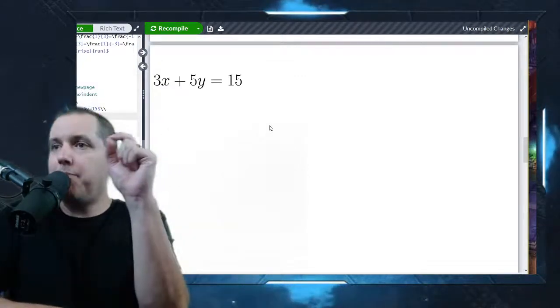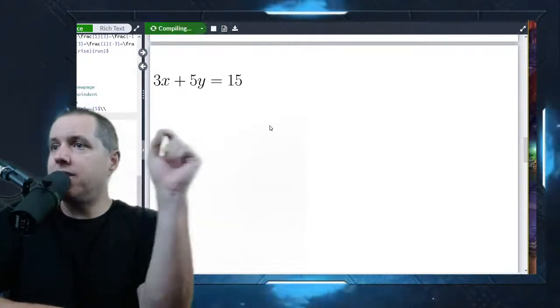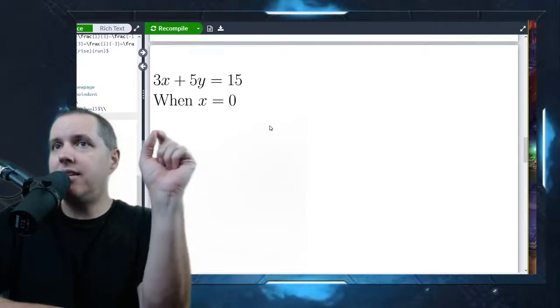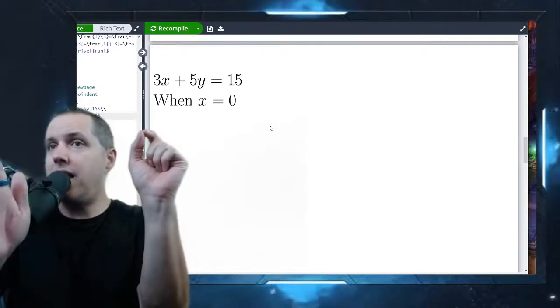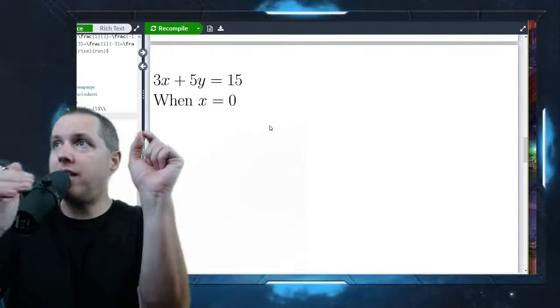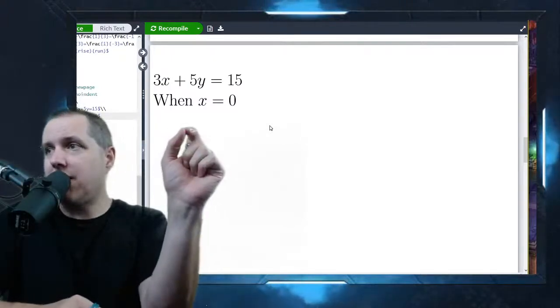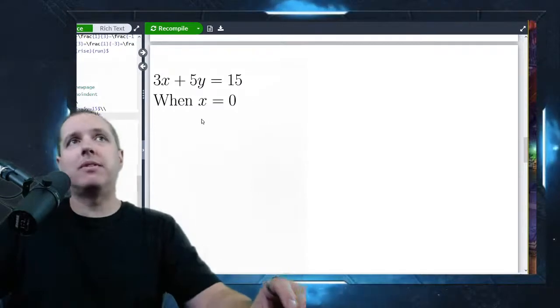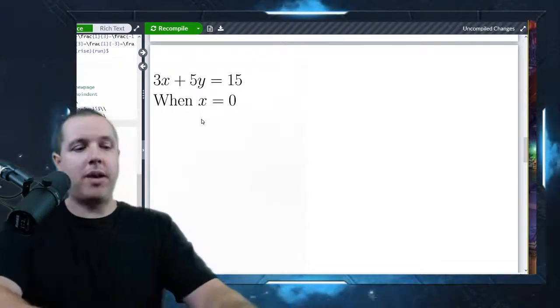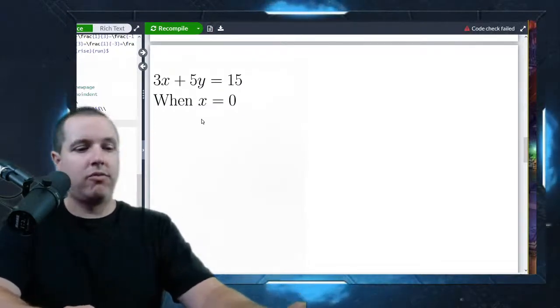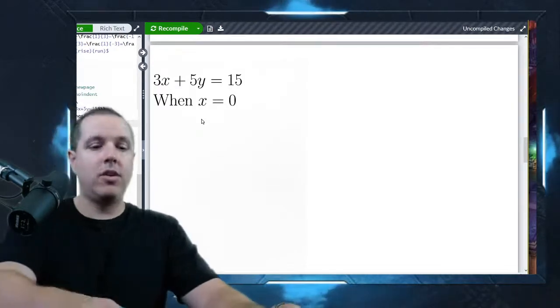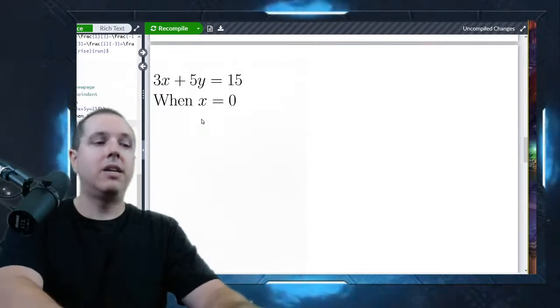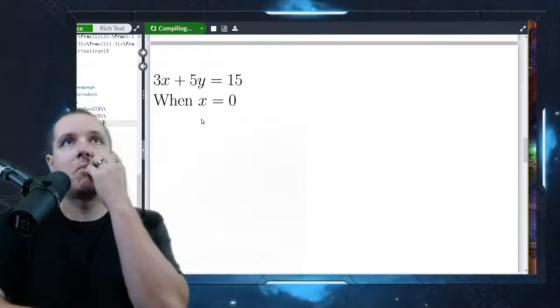The intercepts happen when one of your coordinates is 0. If your x is 0, then that's your y-intercept. If your y is 0, that's an x-intercept. Okay? So when x equals 0, what happens? Well, that means that my problem becomes 3 times 0 plus 5y equals 15.